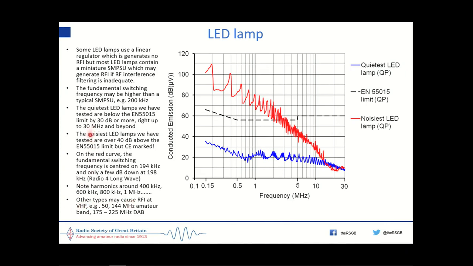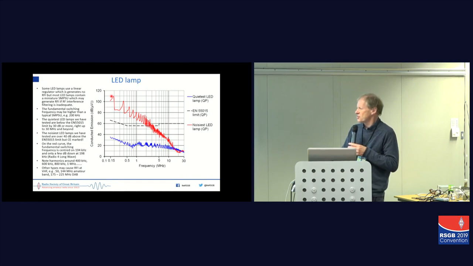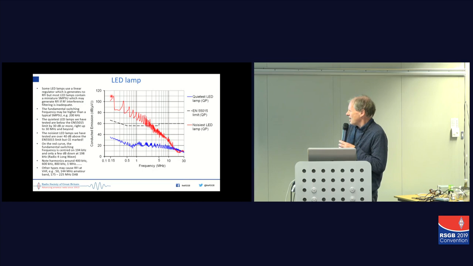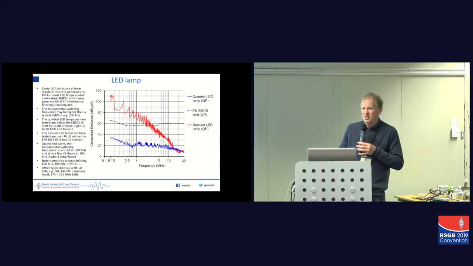So in this case, the ones that we've identified as being some of the noisiest available, the fundamental is just below 200 kilohertz, so it's perfectly placed to interfere with radio for long wave on 198. It was obviously designed in a country where they don't have long wave broadcasting, and it was designed with a complete disregard for EN 55015, which is the relevant EMC standard.